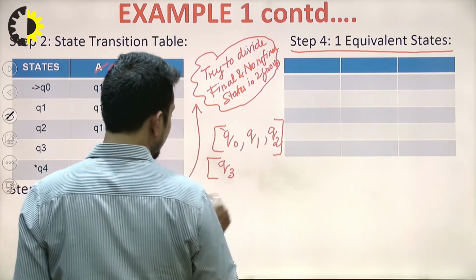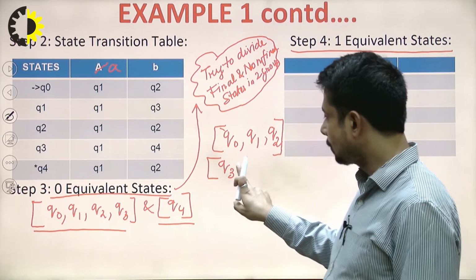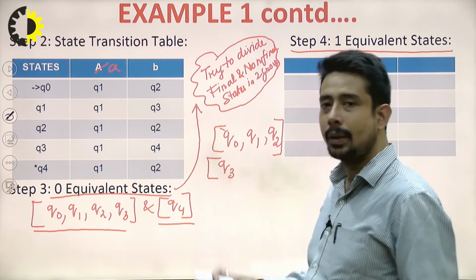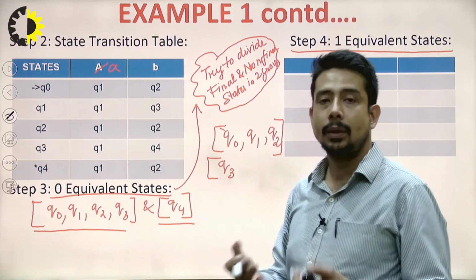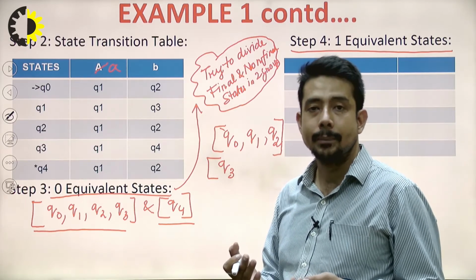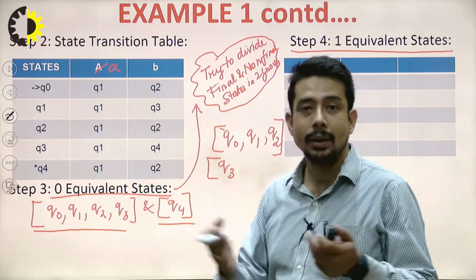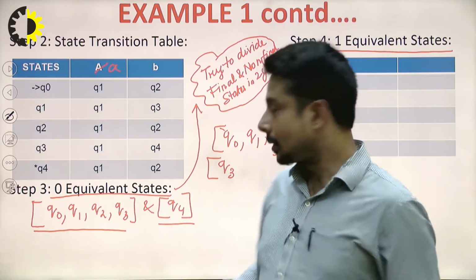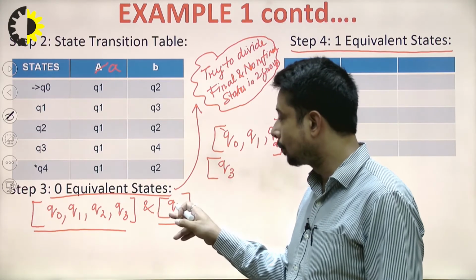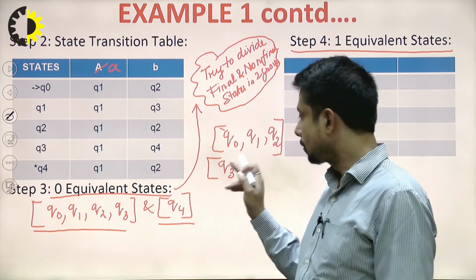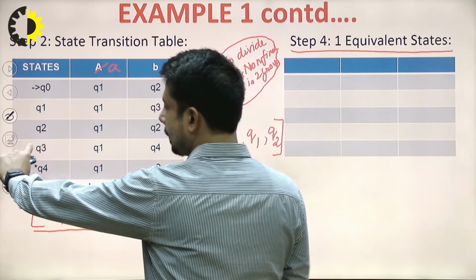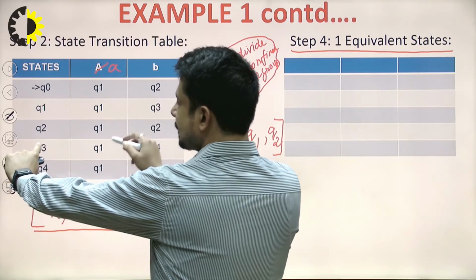Okay, but before making a separate group, first Q3 will check whether any other group is there where it can enter. Just like in a particular group formation, if anyone is left out, then he checks whether any group is left out where he can enter. So the same thing, Q3 will now check with Q4 whether I can make a pair or not. So if I check Q3 and Q4 together, on input alphabet A, same state, perfect.